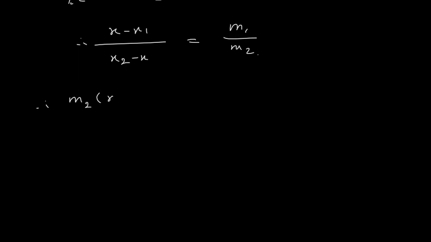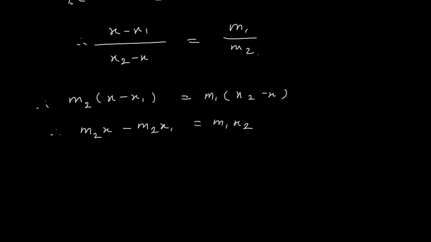You will say that therefore M2 times x minus x1 is equals to M1 times x2 minus x. Therefore we open the bracket. We will say that M2x minus M2x1 is equals to M1x2 minus M1x.